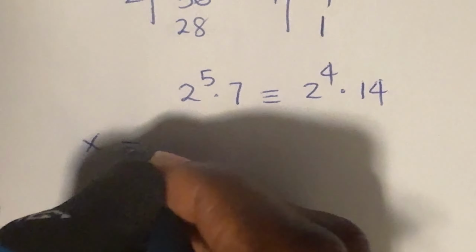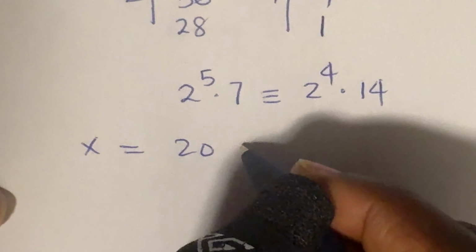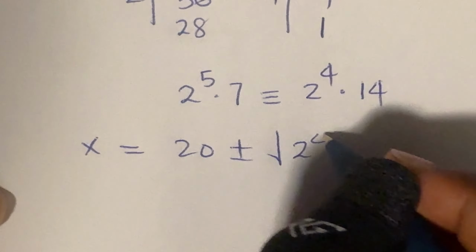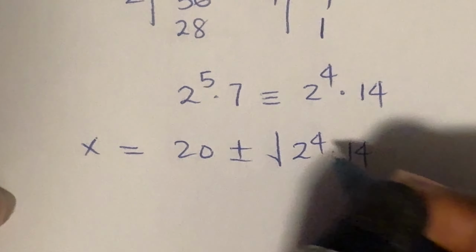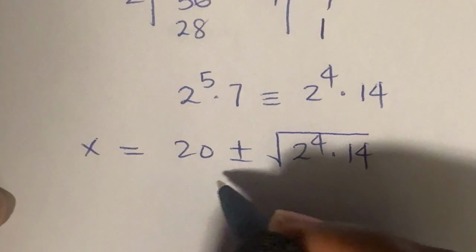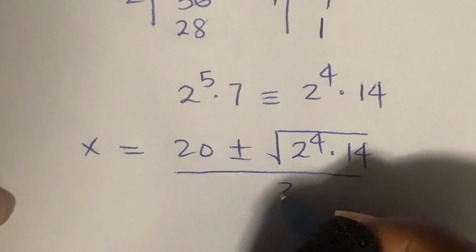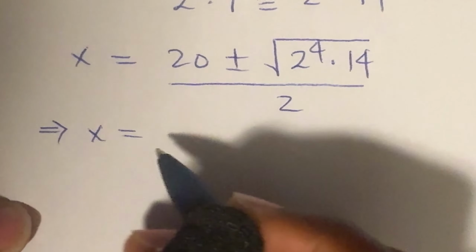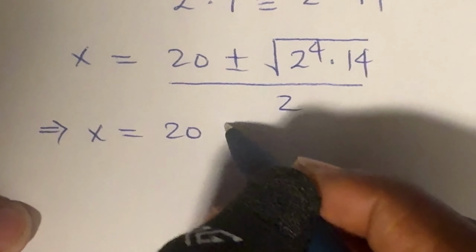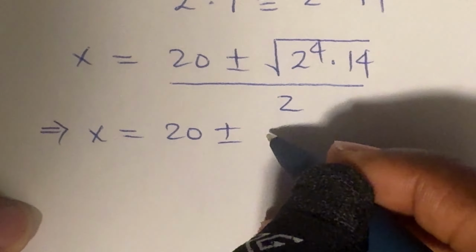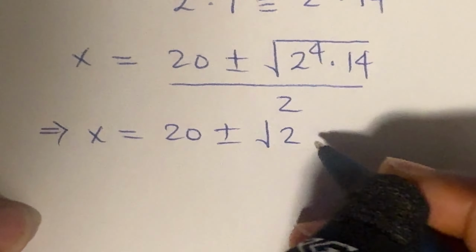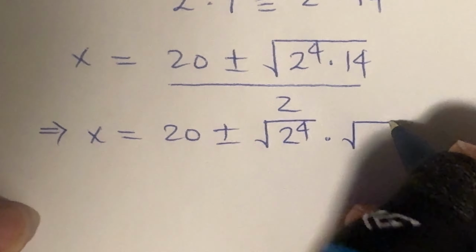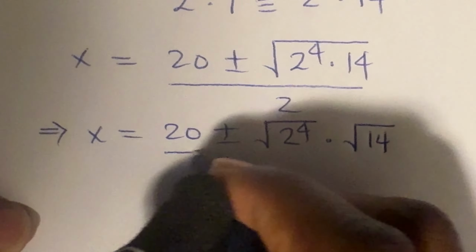X is equal to 20 plus or minus the square root of 2 raised to power 4 times 14, then divided by 2. X is equal to 20 plus or minus the square root of 2 raised to power 4 times the square root of 14, then divided by 2.